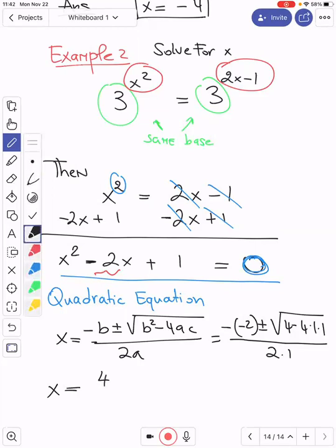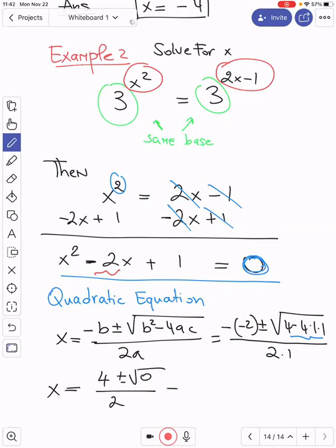As you can see, 4 minus 4 is 0, and the square root of 0 is 0. So that's 2 plus or minus the square root of 0, over 2.